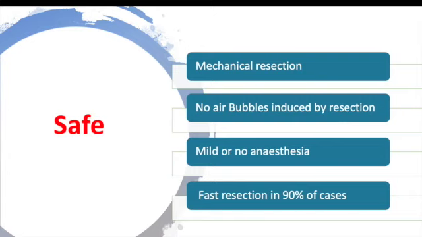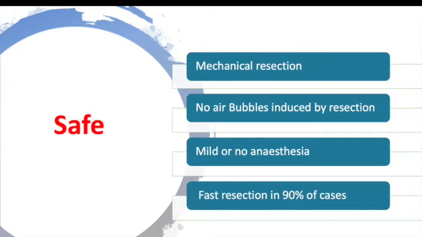The problem of bubbles is another big problem regarding air embolism, because you cannot differentiate between bubbles created by resection with the bipolar resectoscope and bubbles coming from the fluid bag. So if you see bubbles inside the cavity when you are using the shaver, you are sure that these bubbles are coming from the bag, and so you can immediately aspirate them.